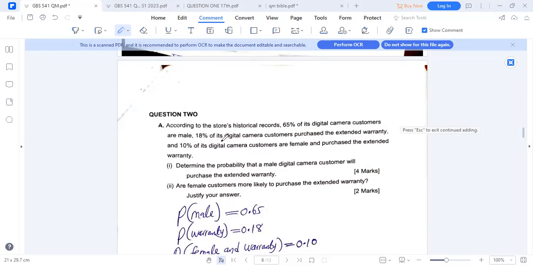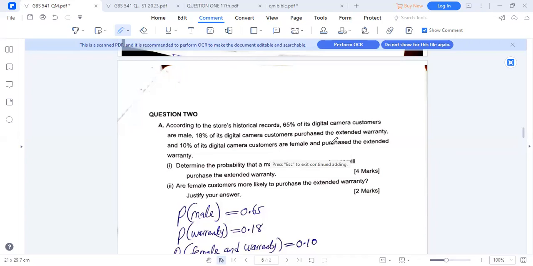We're told that according to the store's historical record, 65% of its digital camera customers are male, 18% of its digital camera customers purchased a warranty, and 10% of its digital camera customers are female and purchased the extended warranty.